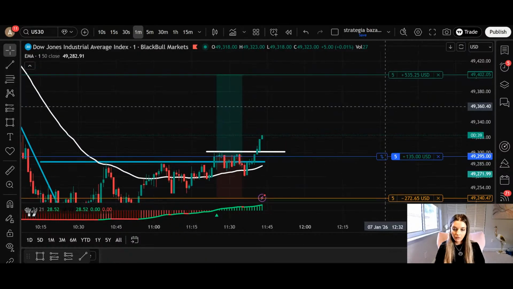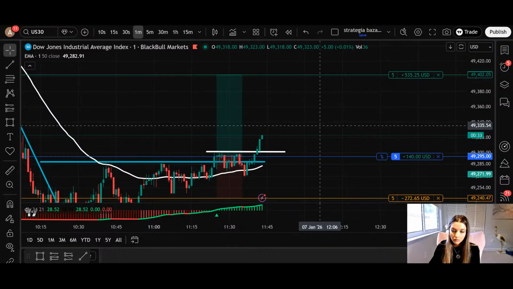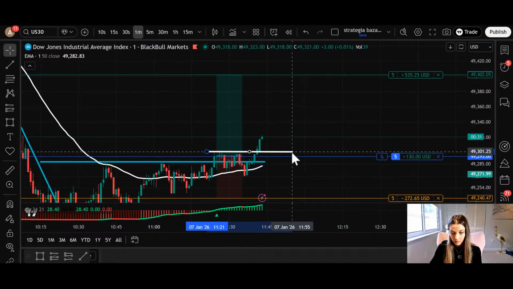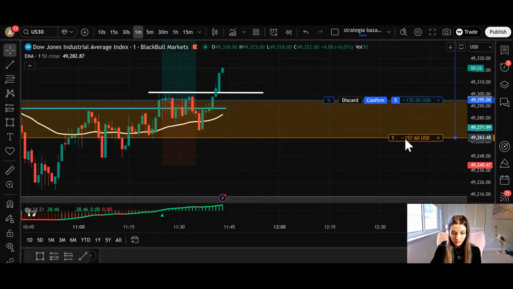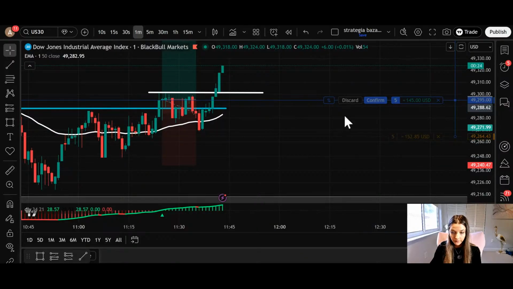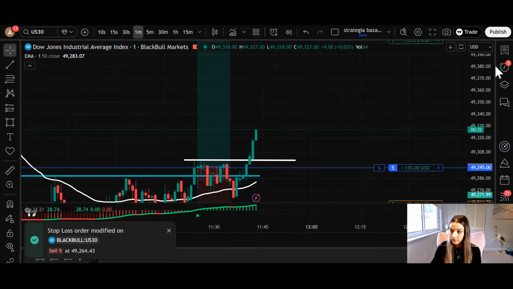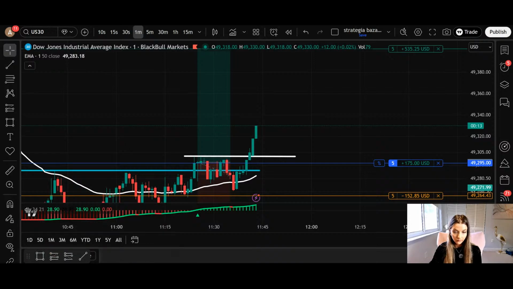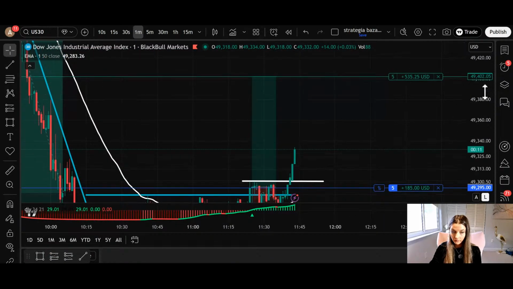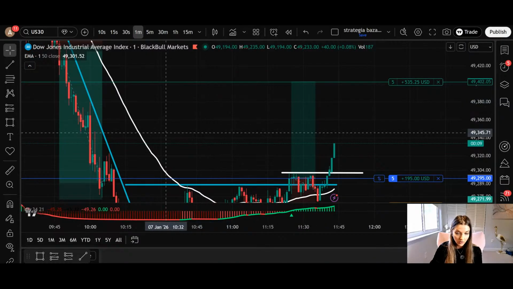Tiberio, did you take the trade or no? You know, at this point, we can move the stop loss below here. And watch this area right here.